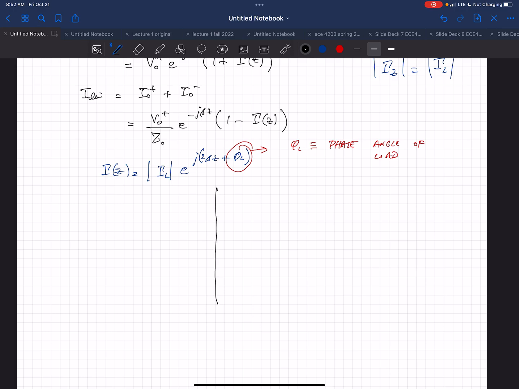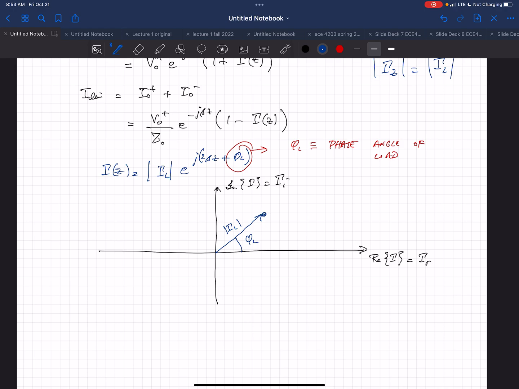So drawing this in the complex plane, where the real part of gamma is gamma sub r and the imaginary part of gamma is gamma sub I. Just at the load, let's say I had this gamma sub L and this phase angle phi sub L. So I'm just writing the reflection coefficient at the load.